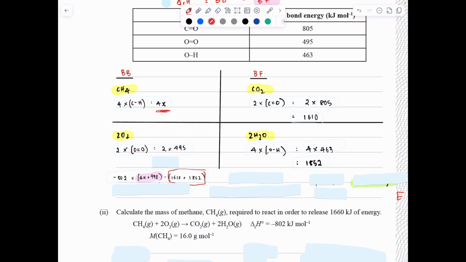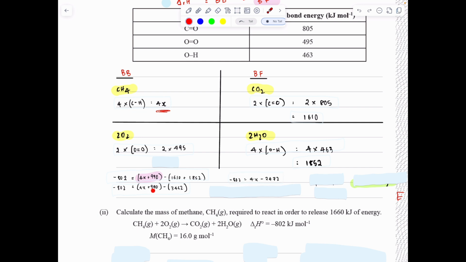So I've got 1610 plus 1852 written over there. Okay, the next thing that we have to write is we have to make sure that we are simplifying the like terms. And so 1610 plus 1852 is 3462, so I've simplified that, and I could simplify it even further.